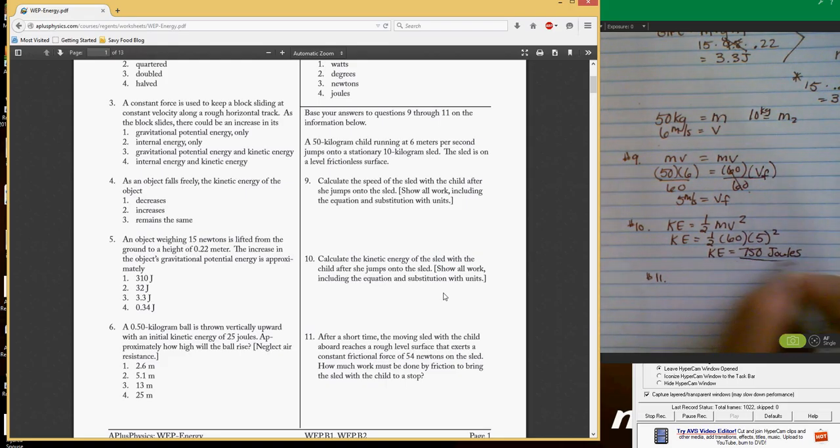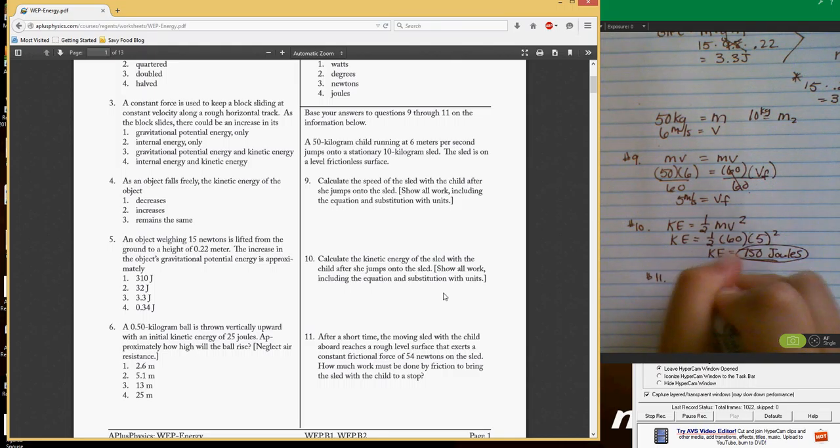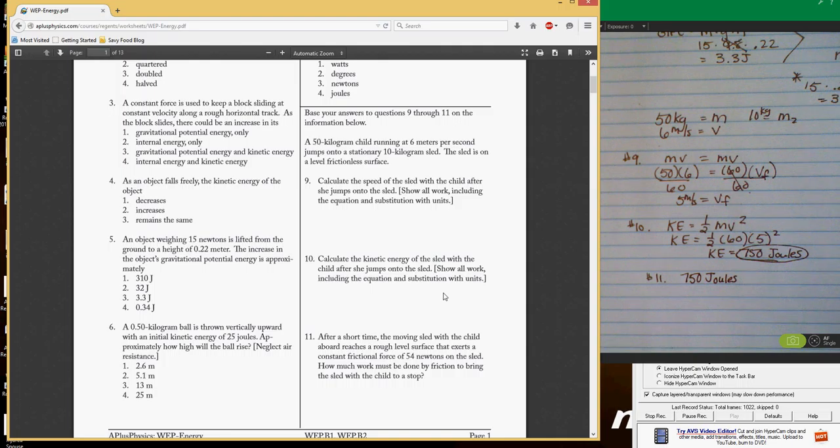If this is the total amount of energy that the sled has while it's moving at its maximum, the amount of work that's needed to stop it is the force times distance. Whatever that force times distance is has to equal the same amount of energy that it had at its maximum. Otherwise, it will never be able to stop. So what you have at your highest peak is what you're going to have to use in order to stop it. So that means your answer is 750 joules because energy is conserved.